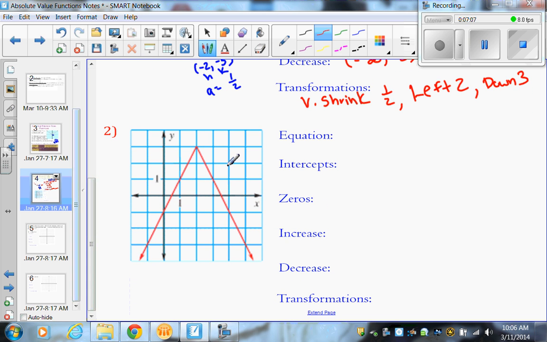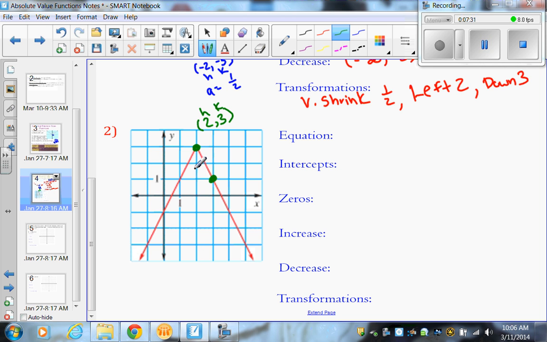Let's try another one. So again, for our equation, we need the vertex and we need the slope. So identifying my vertex, which is right here, that's going to be at 2, 3. So that gives me my h and my k. My slope, I'm going to find another point on the graph, which looks to be right here.